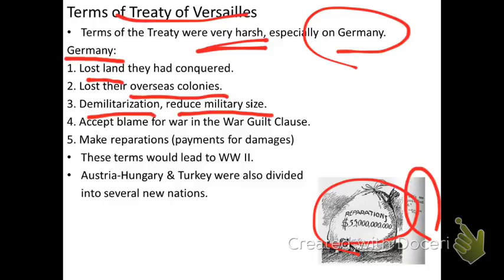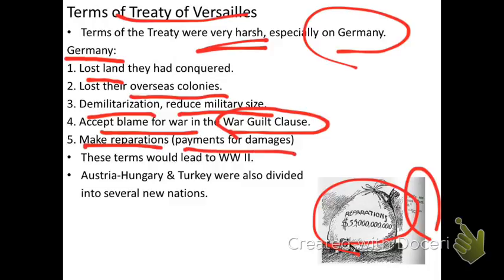They had about 100,000, mostly police officers really, not really military, but their navy was cut down to nothing, their air force was reduced to nothing, on and on and on. So essentially they had no military. They had to accept blame for the war in what we refer to as the war guilt clause. They had to make reparations, which were payments for damages, and again, to that dollar amount.